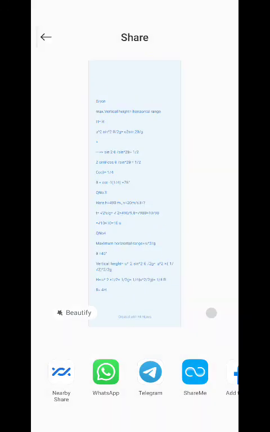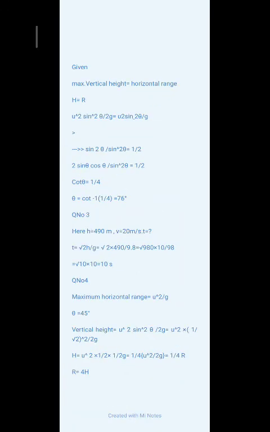Well, another interesting question. Prove that the maximum horizontal range is 4 times the maximum vertical height. We know that the maximum horizontal range is u square by g, for theta equal to 45. So if u is the velocity, then we get the maximum range as u square by g. And vertical height for theta equal to 45 is u square sin square theta by 2g.